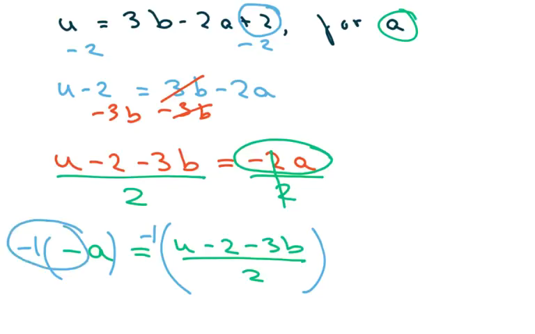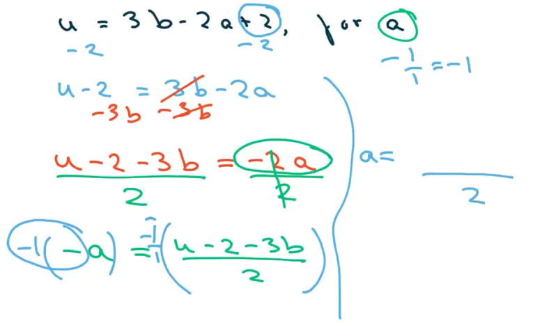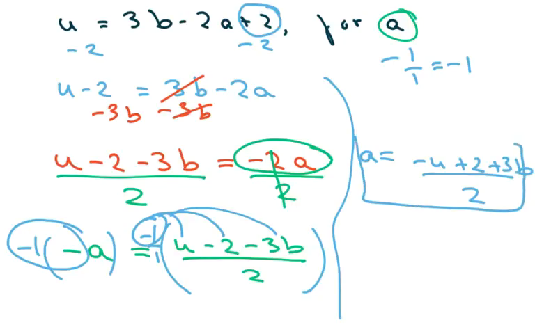This just cancels and we get 2 negatives make a positive. So I'll put it over here, and this is negative 1 over 1. Remember, negative 1 over 1 equals negative 1. So the 2 stays the same because 1 times 2, but this negative here means we make all of these opposite. So that's going to be negative u plus 2 plus 3b. And that would be your answer.